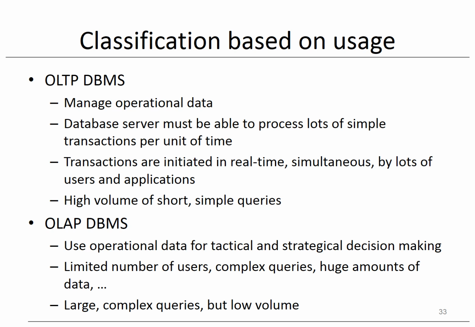For these applications, the database server must be able to process lots of simple transactions per unit of time. Also, the transactions are initiated in real time, simultaneously, by lots of users and applications. Hence, the DBMS must have good support for processing a high volume of short, simple queries.